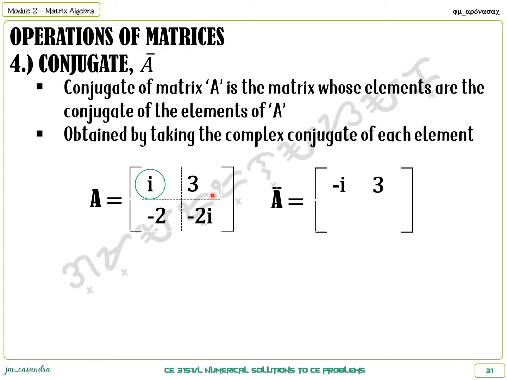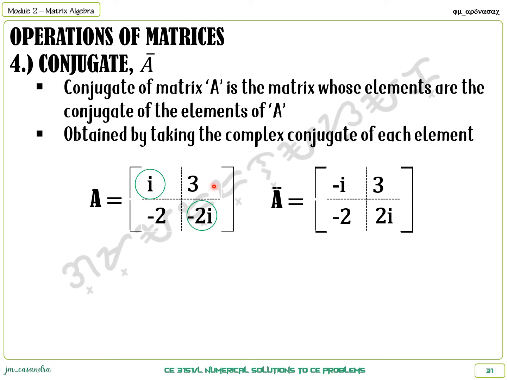The second element is not a complex number, so no change will happen on it. For the first element on the second row, we have a21, which is -2. Again, it is not a complex number, therefore no change is applied. And lastly, we have -2i, which is a complex number, thus the result will be +2i.